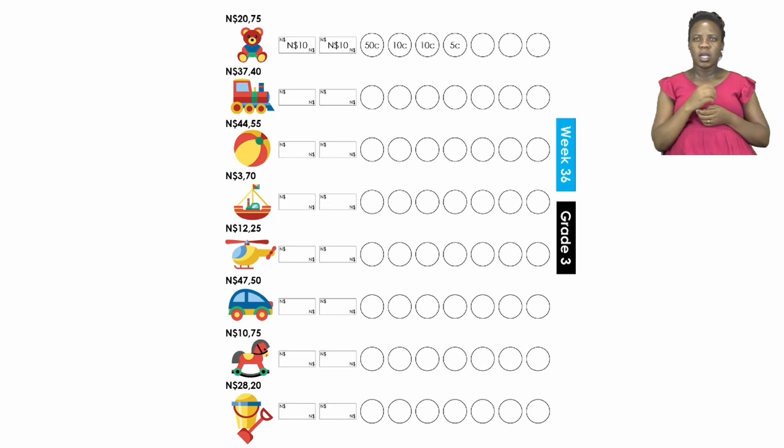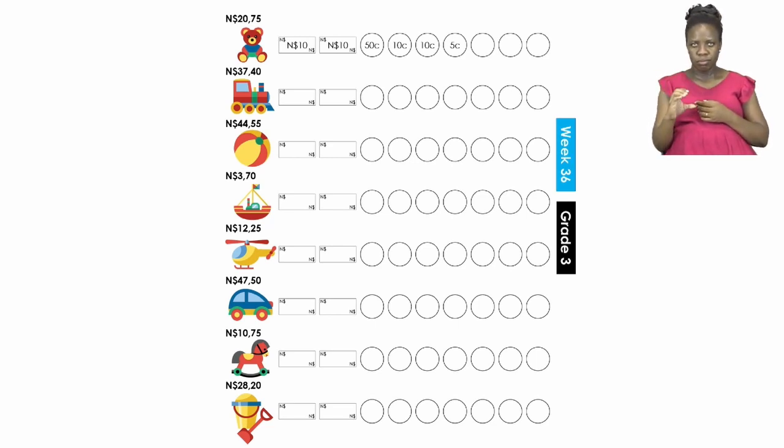If you add up all your coins, you will get 75 cents. So you have $20 in notes and 75 cents in coins. All right, so if you add it all up, it must get to 20 Namibian dollars and 75 cents.